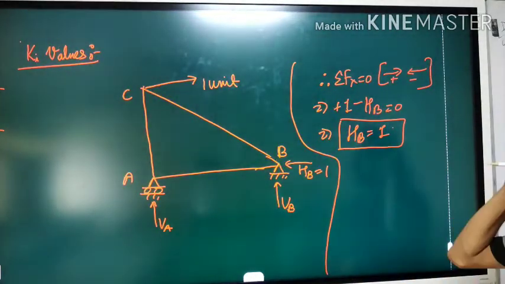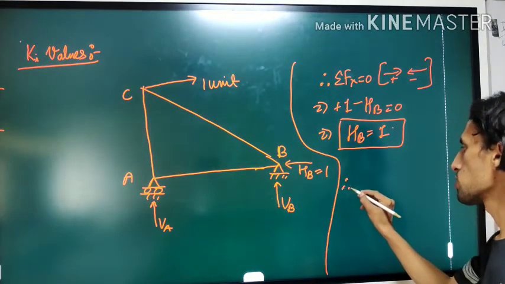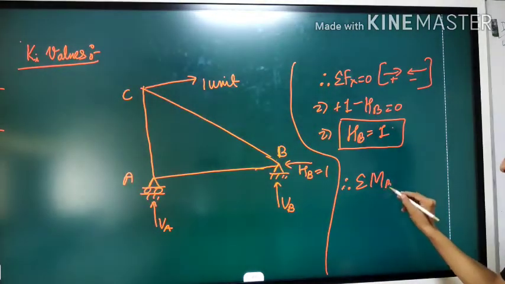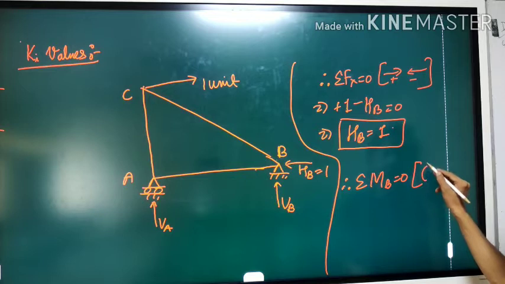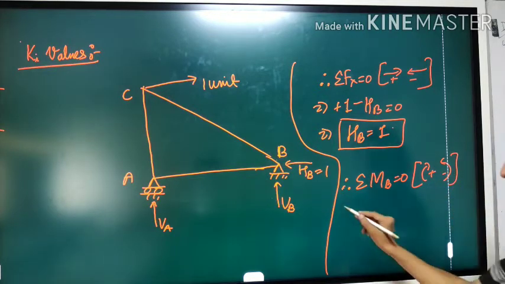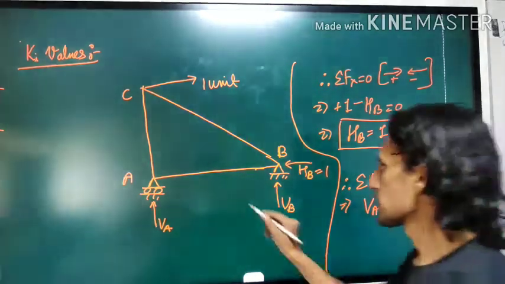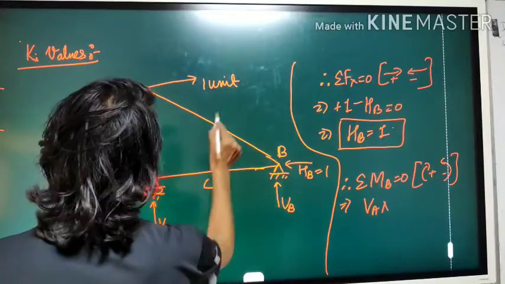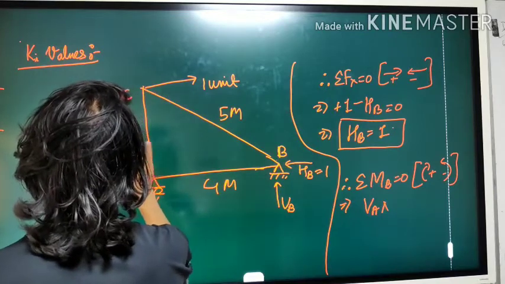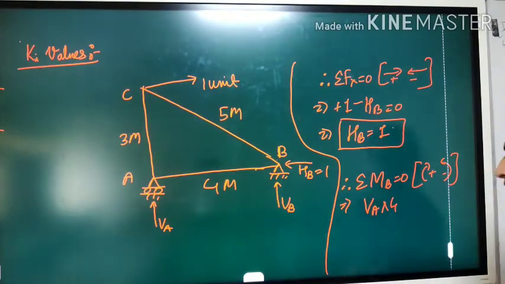Next let's start solving for the other reactions. I am using this equation: summation of moment at point B is 0. Sign convention, clockwise positive, anti-clockwise negative. Let's write the equation. VA, perpendicular distance: this was 4 meter, this was 3 meter, this was 5 meter. So this is 4 meter.